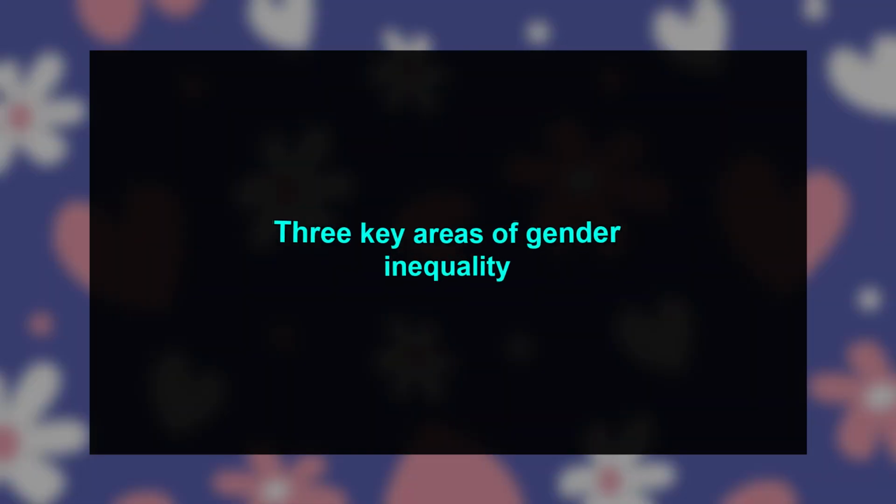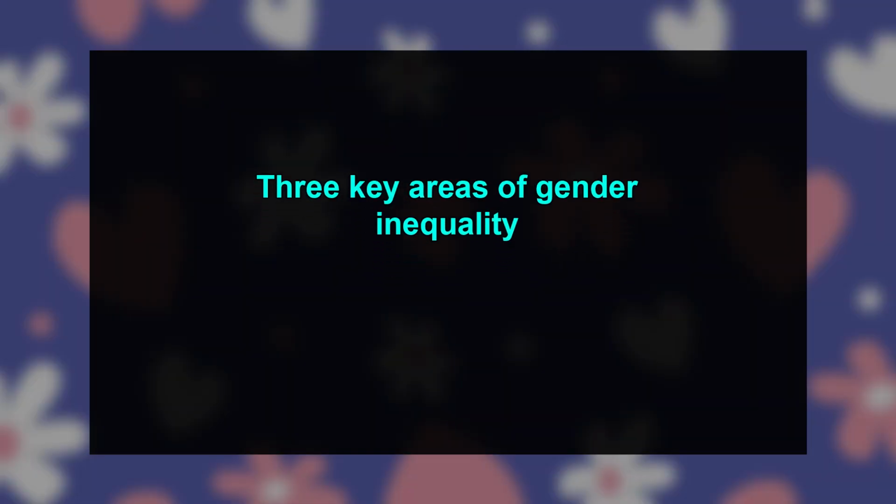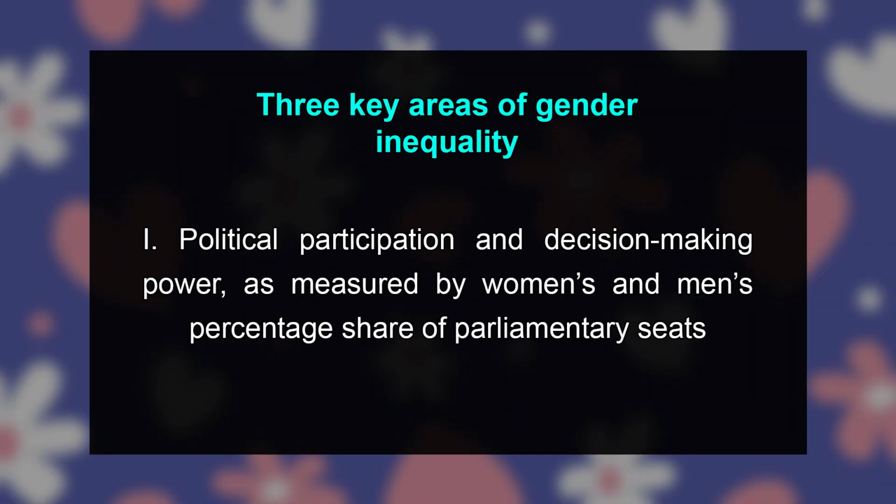The Gender Empowerment Measure exposes inequality in opportunities in selected areas, the participation of women in economic and political life and in decision making. This index focuses on women's opportunities and agency and captures gender inequality in three key areas. First, political participation and decision making power, as measured by women's and men's percentage share of parliamentary seats.